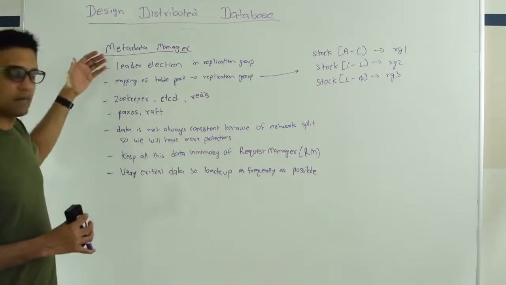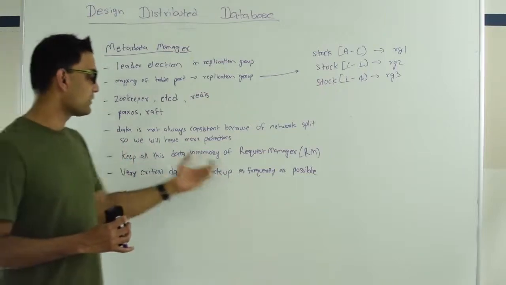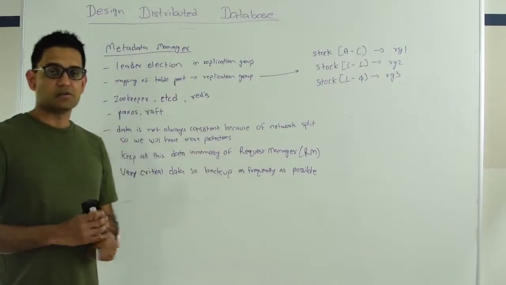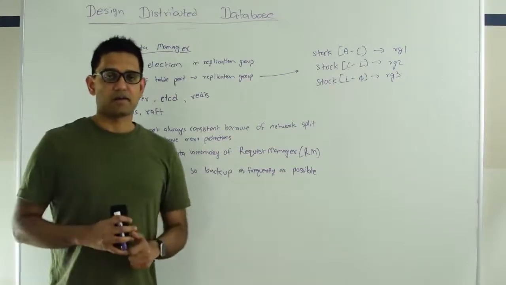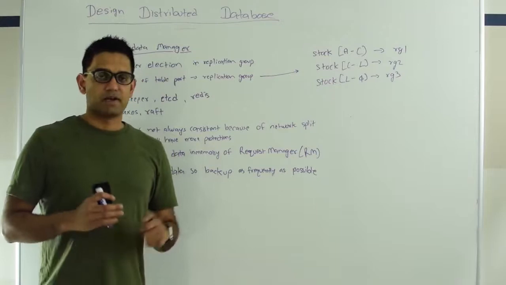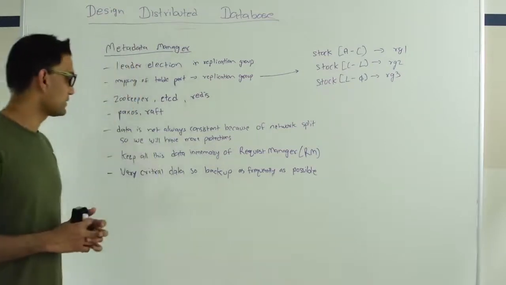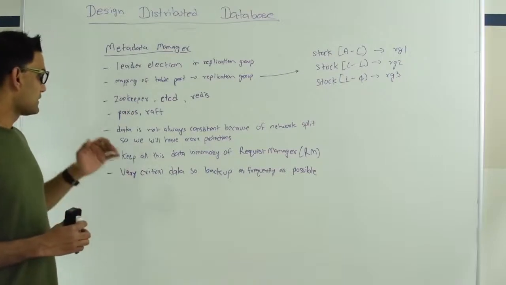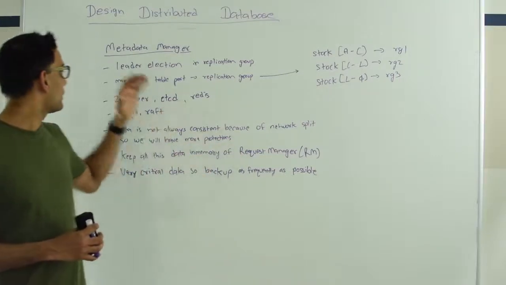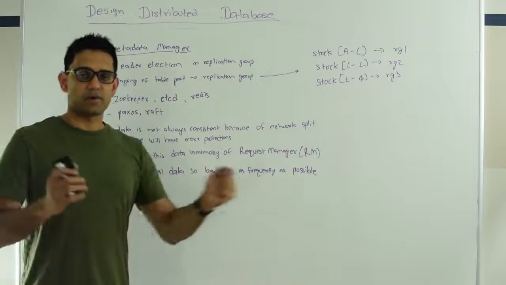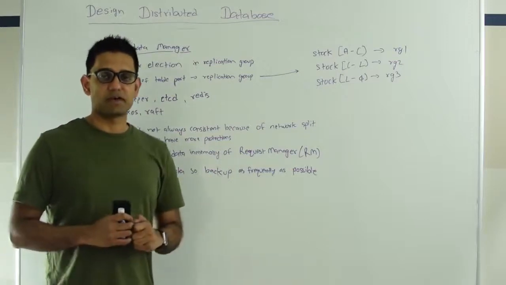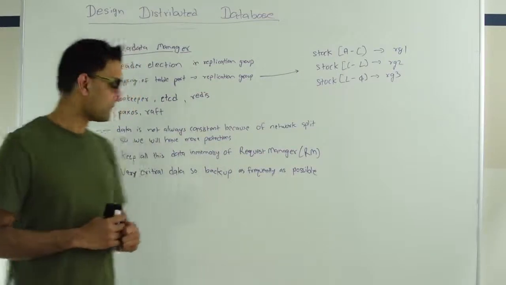All the data of metadata manager, we want to keep that in memory of the request manager, so that request manager does not have to talk to metadata manager for every request, but instead it can consult in-memory data and talk directly to the replication group. And if the data on the metadata manager changes, then it can propagate that information to all the request managers, and they can change their in-memory view.